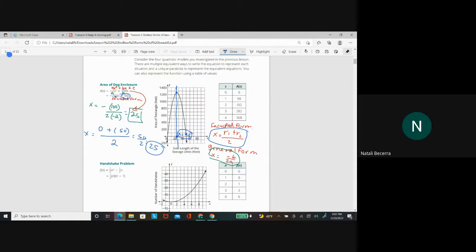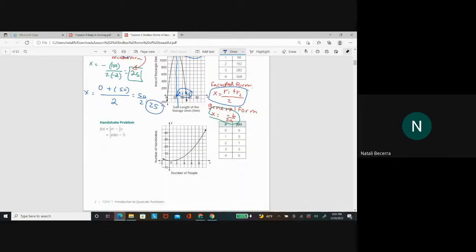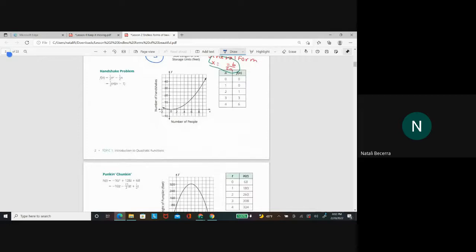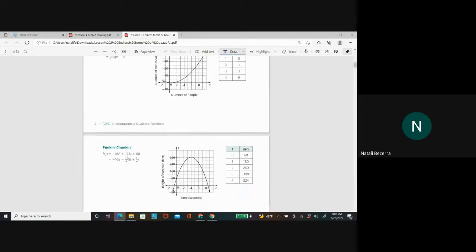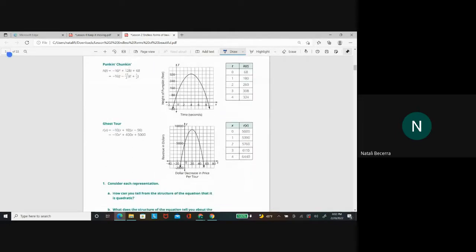Okay, so your vertex is 25, comma, 1,250. And you can tell that the x value is 25. Okay, so there's many different ways of figuring this out. I'm gonna let you guys practice this one. Okay, and then we can do one more together.